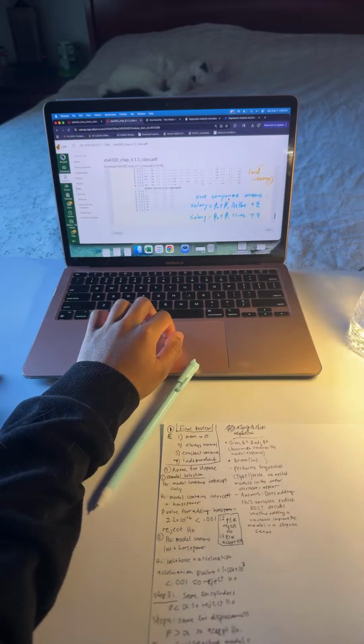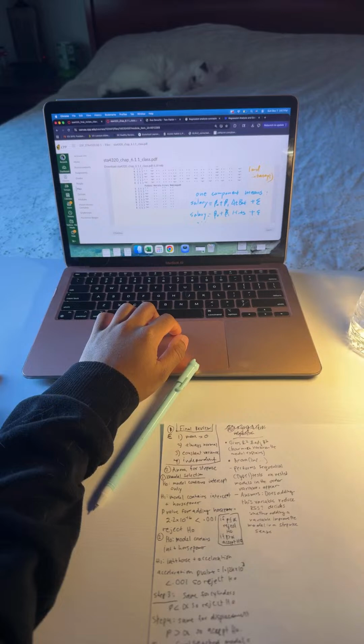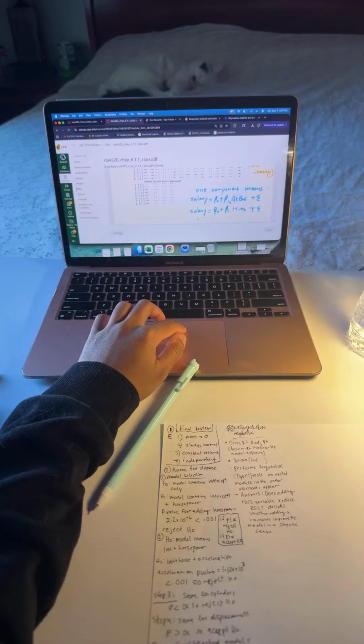One component means salary equals beta 0 plus beta 1 times CRBI plus epsilon.